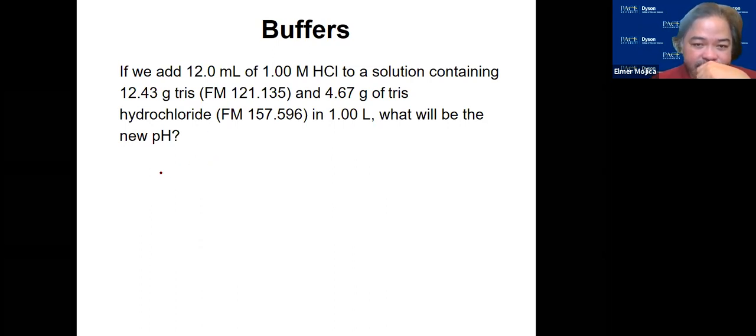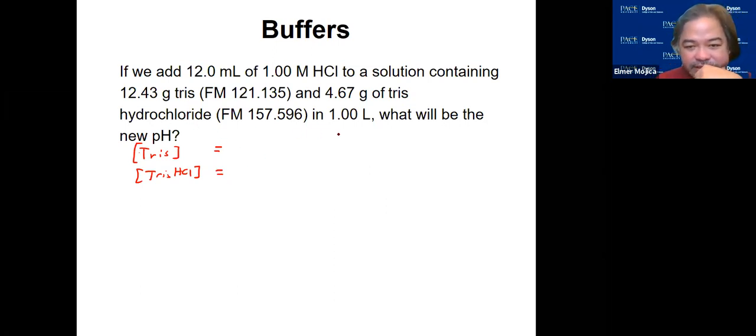So this is a Tris and a Tris hydrochloride. How are we going to get this? Everything is in 1 liter.